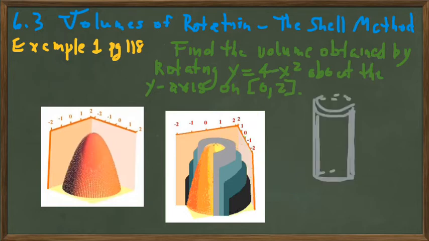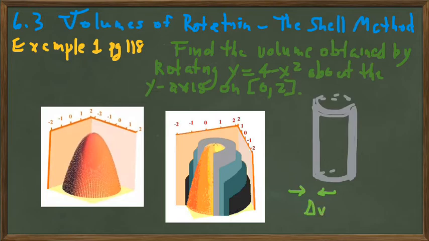So what we're going to do next is see how to get the volume of each one of these shells. We've removed the gray shell, and we need to find the volume of this shell. It has a thickness associated with it, which would be delta x.